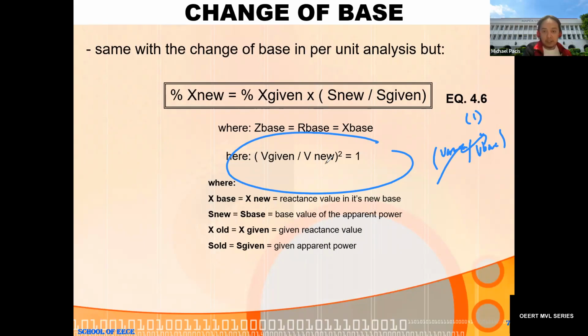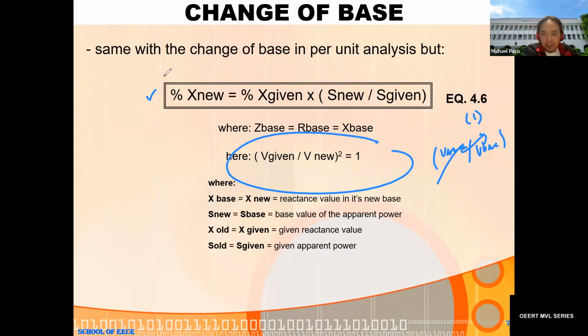Right? So again, this equation 4.6 can be used for a quick calculation, considering again the V given over V base is equal to 1. However, there are possibilities that the V given and V new are not the same, lalong-lalo na if you have a non-ideal or non-linear power system.